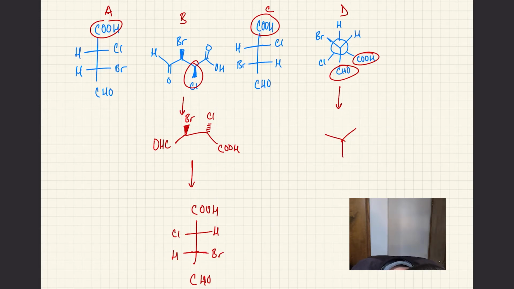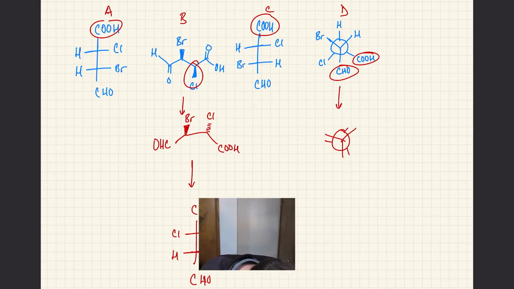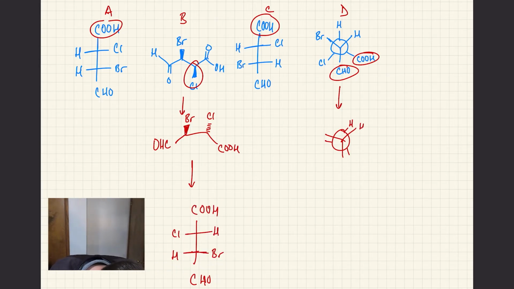We could probably do this in our head, but I want you guys to see what I am looking at here. So in this case, we have H, we have CHO, COOH. In the front is our bromine, in the back is our chlorine.